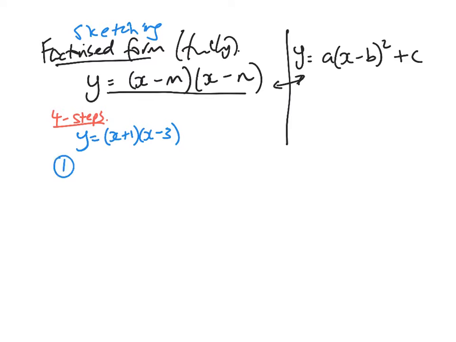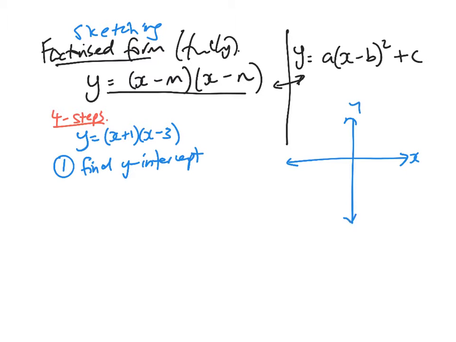Your first step is to find the y-intercept. So we're finding a point on the graph. If I did a Cartesian plane here, the x's and the y's, the y-intercept is where the graph cuts the y-axis.